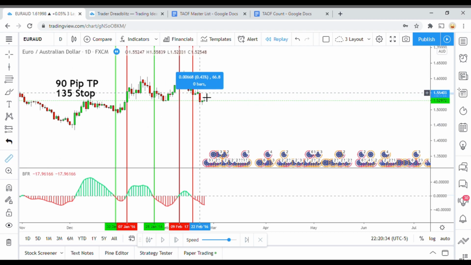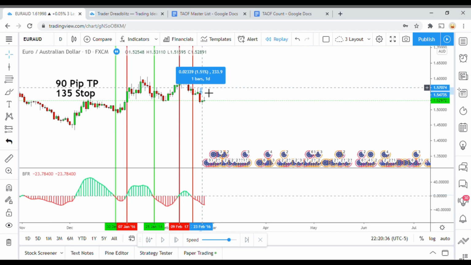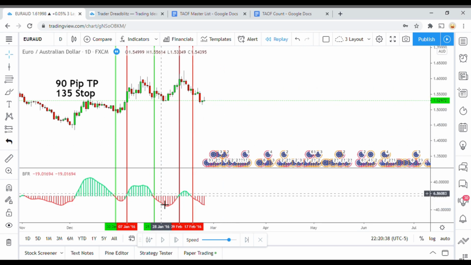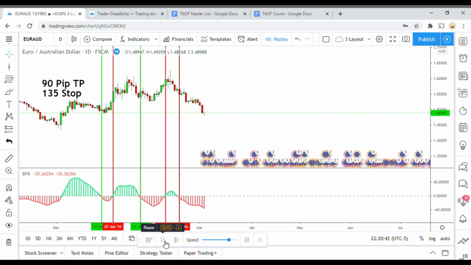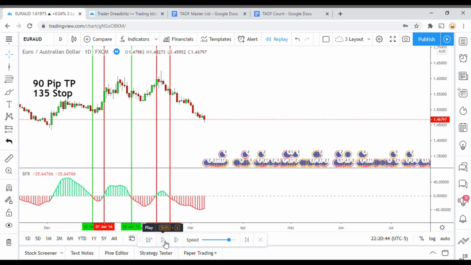It seems like it keeps dropping us into these trades right at the pullback areas. So you'll also run into this from time to time, where the timing of an indicator seems to always be dropping you into a trade right as a pullback is taking place.